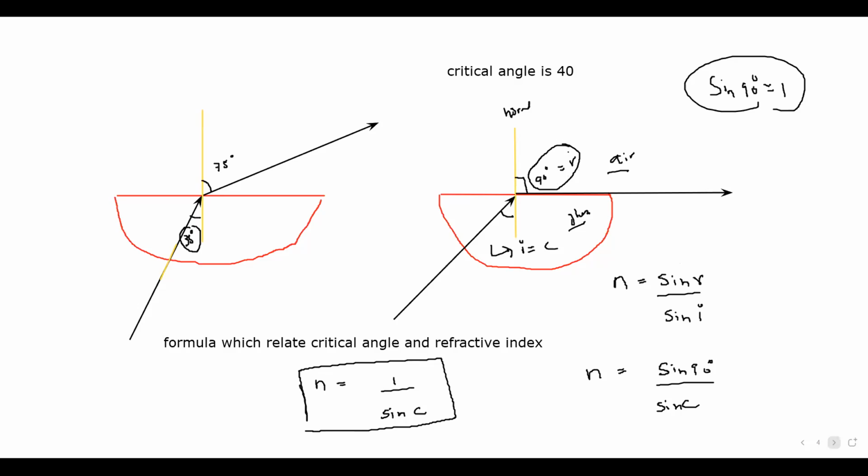So for example, if you have a surface given, and you have glass, the refractive index of the glass is given as 1.5.